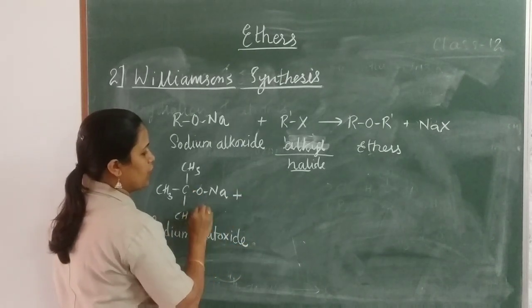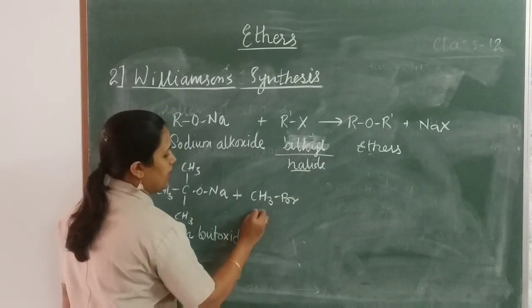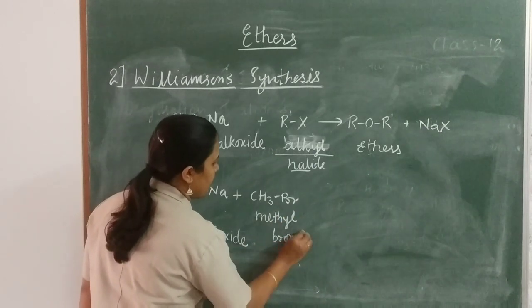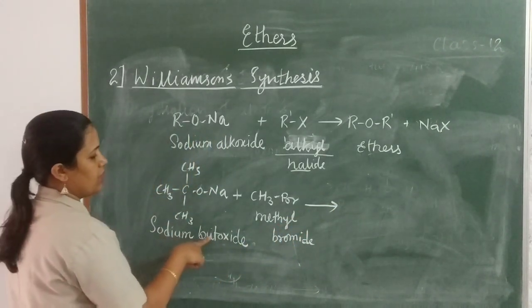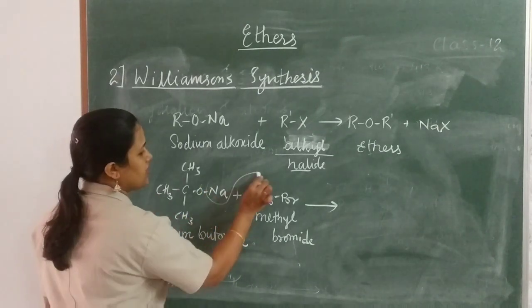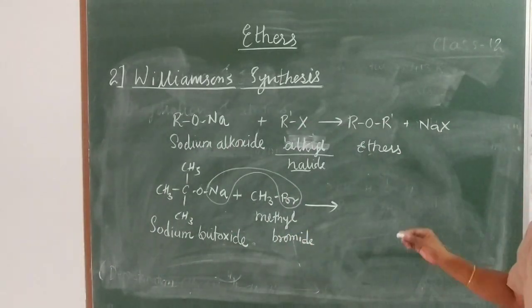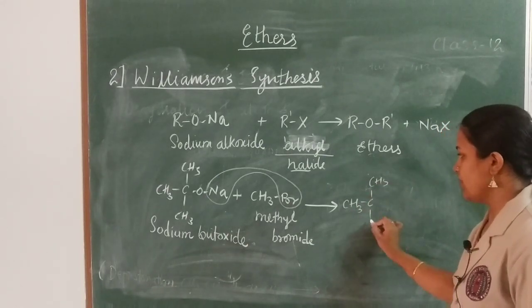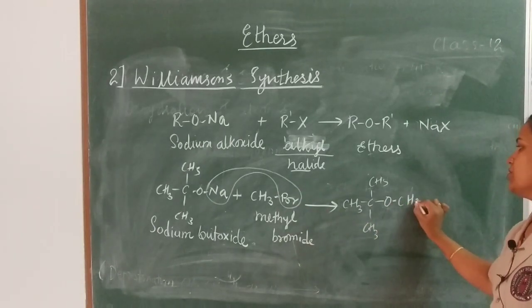When sodium butoxide reacts with this alkyl halide, and here it is methyl bromide, we get the product: CH3, CH3, CH3, C, O, CH3.